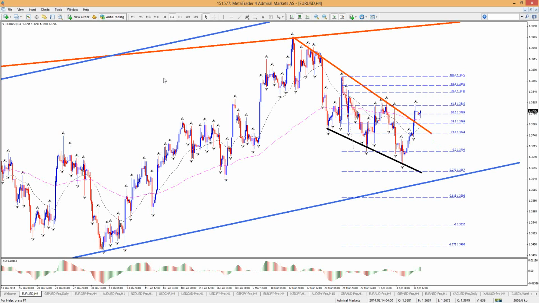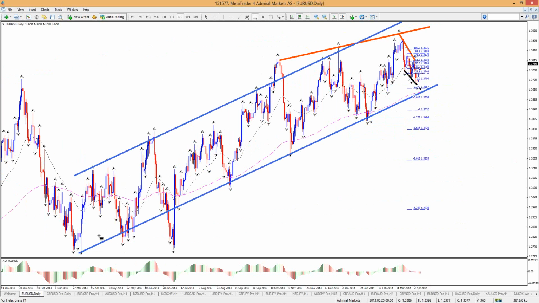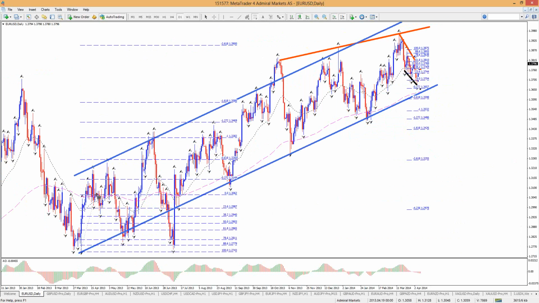It's true. If you look at higher time frames, you can zoom in to lower time frames to get an entry point. Indeed. So, for instance, on the daily chart, let's see.